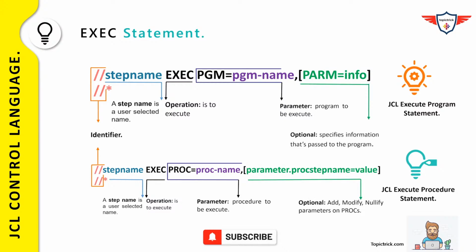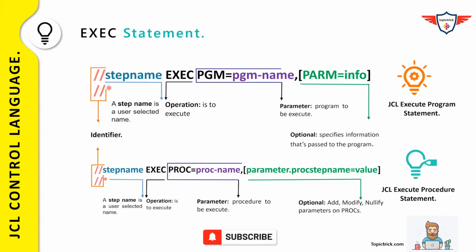In this case the syntax is almost the same. You have an identifier, then the step name, then the EXEC statement, and after that you have a positional parameter once again, and that is PROC equals, where you have to specify the proc name that you want to execute.